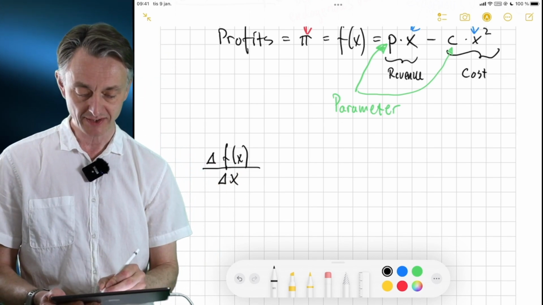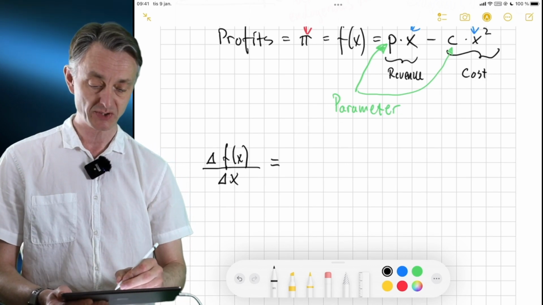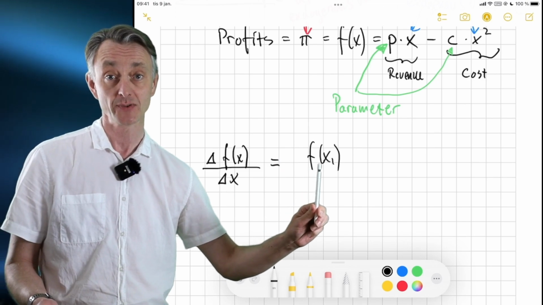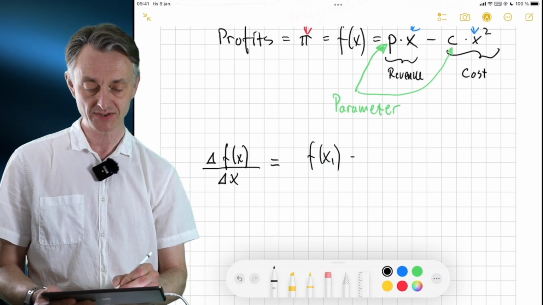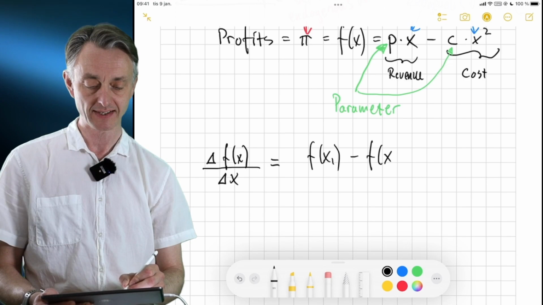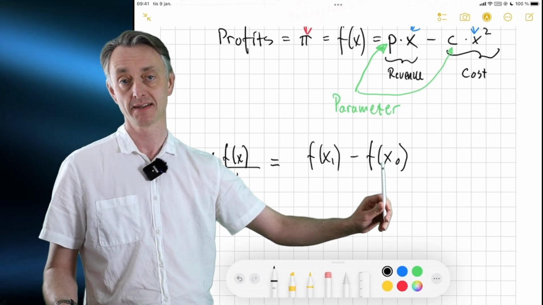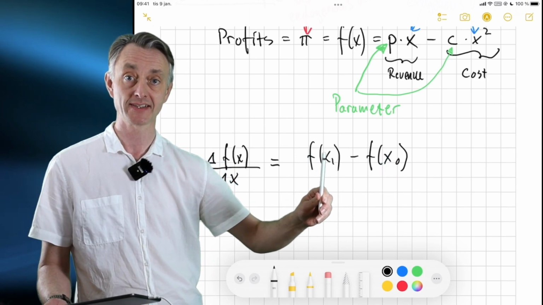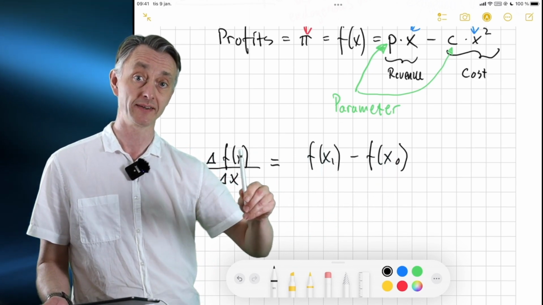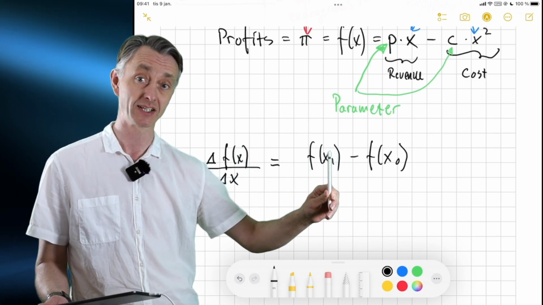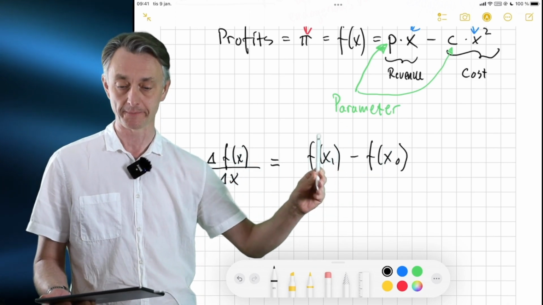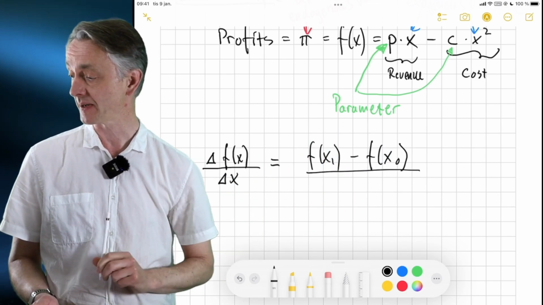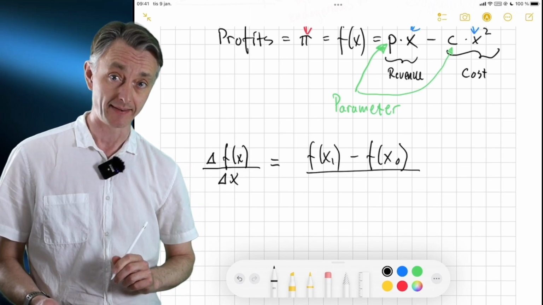And this can be written in the following way. So then you would take the level of output evaluated at x1 minus output evaluated at x0. So this could be x at 2 and this could be x at 3. So how much will then profits change when we increase production from 2 to 3? And then we want to divide that by the actual change in output.